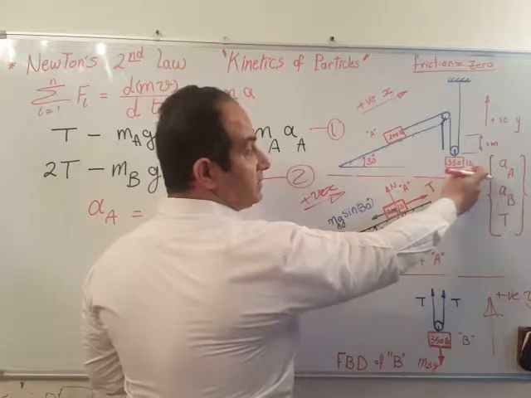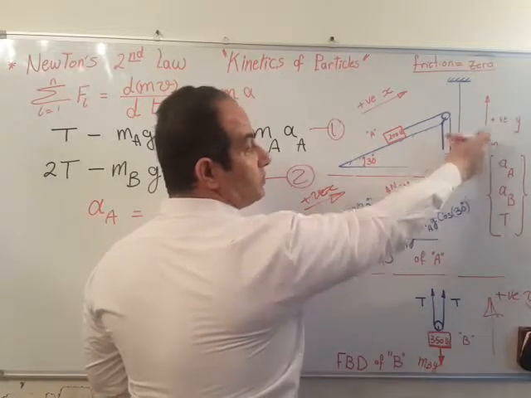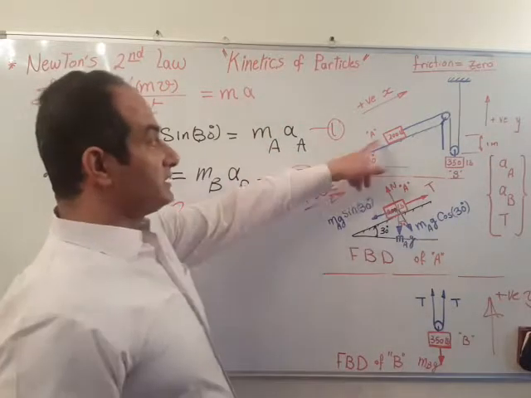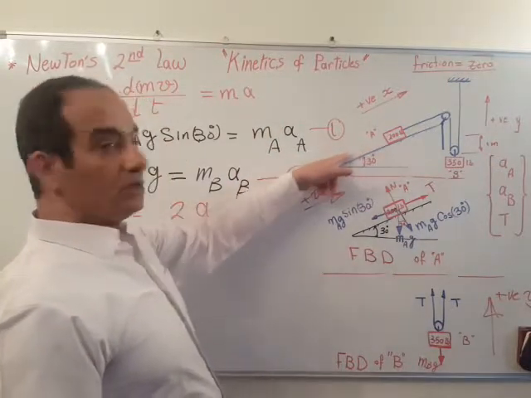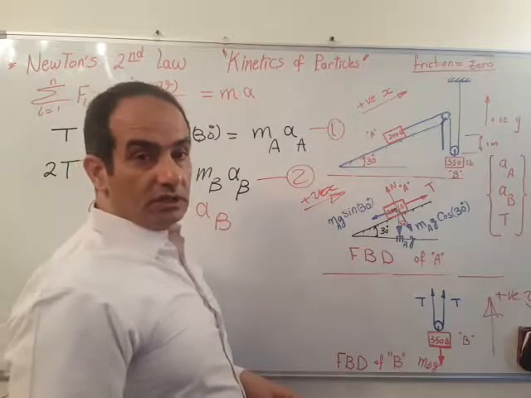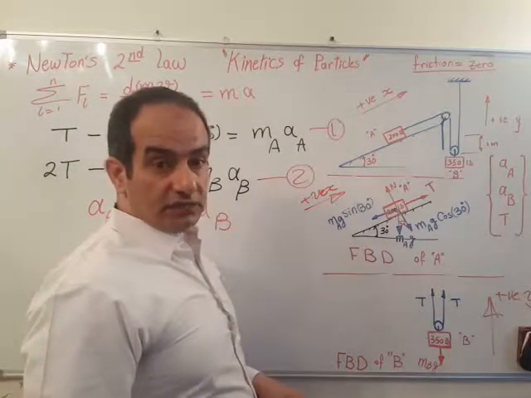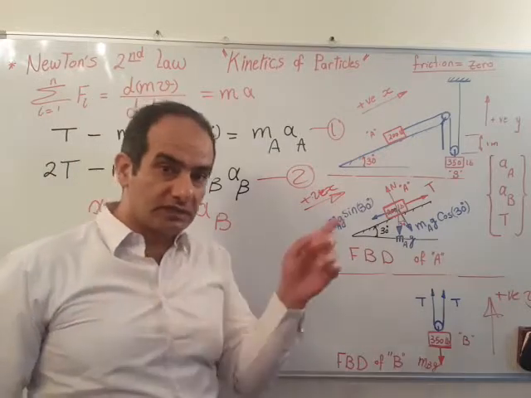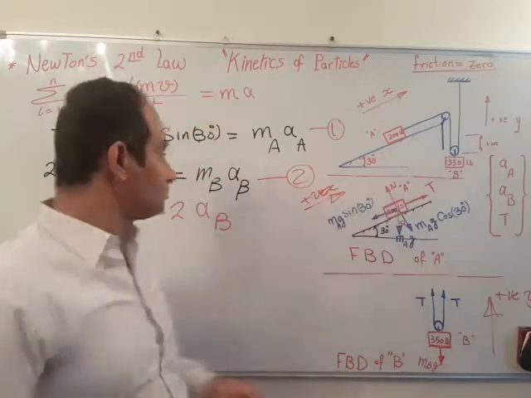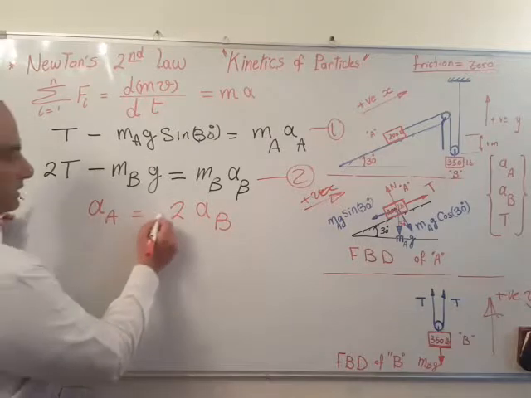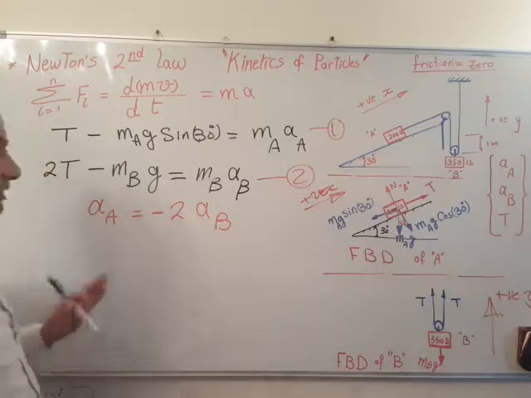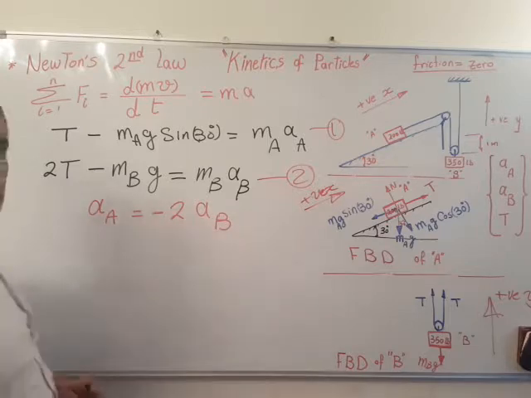If this mass is going to move upward in the positive direction, this mass is going to move downward in the negative direction. So we have a difference in directions, and we can add a minus sign here to balance the two sides of the equation.